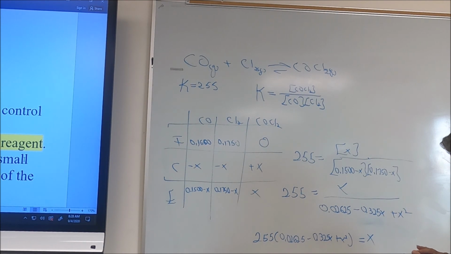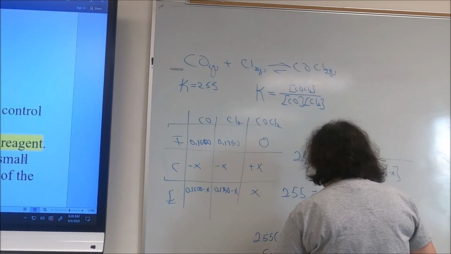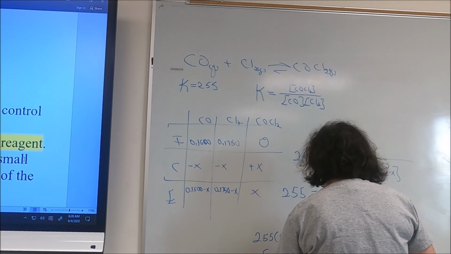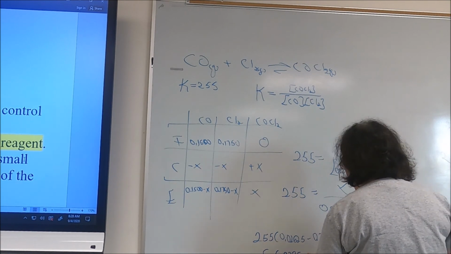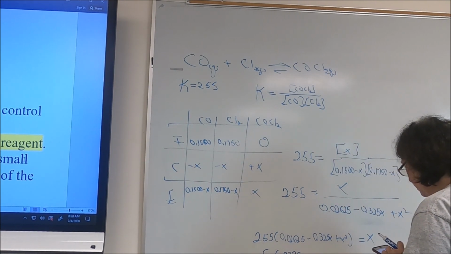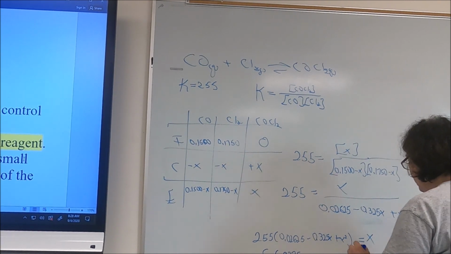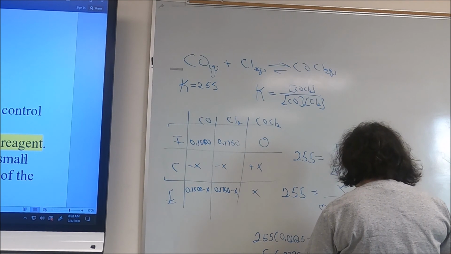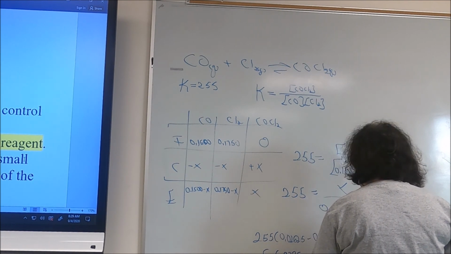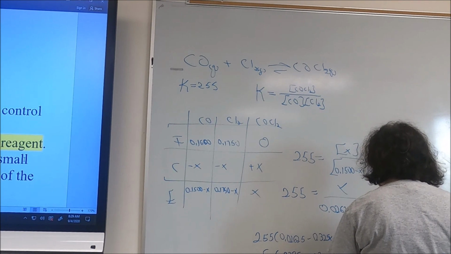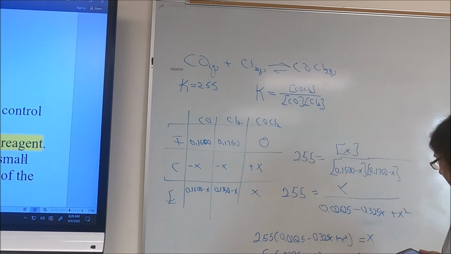So clear that out. 0.02625 times 255 equals, so I have 6.69375, I'm going to worry about significant figures at the end, minus 255 times 0.325, 82.875x plus 255x squared equals x.